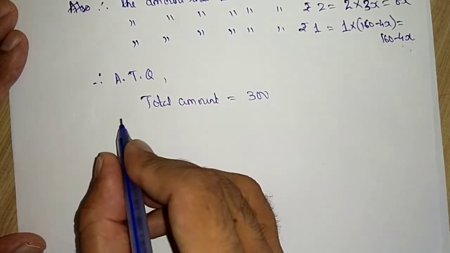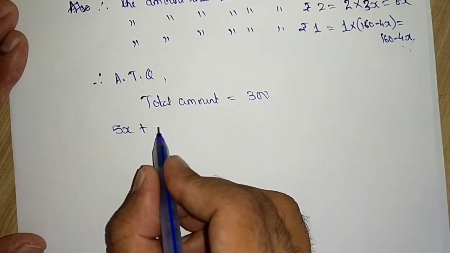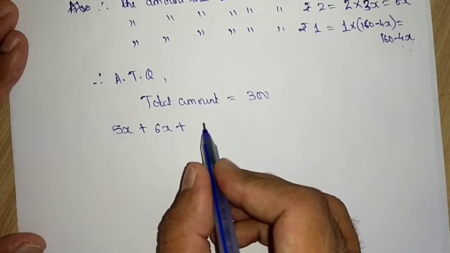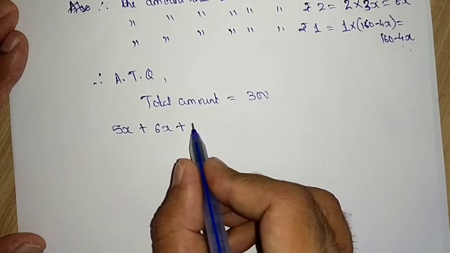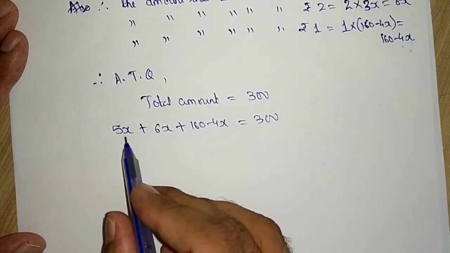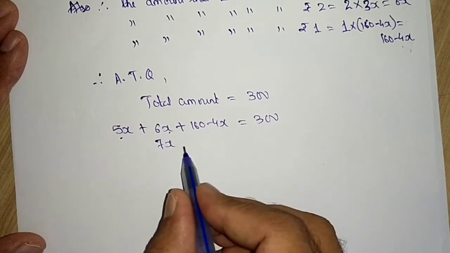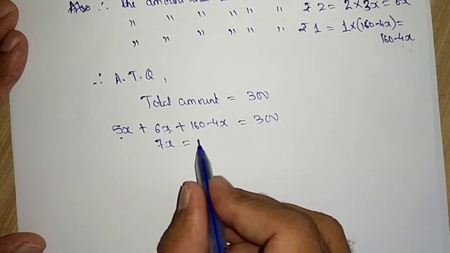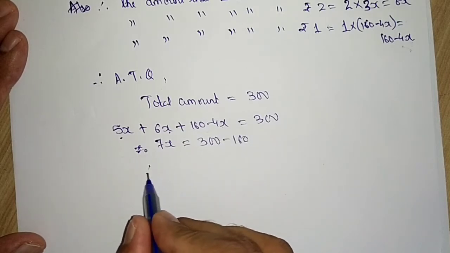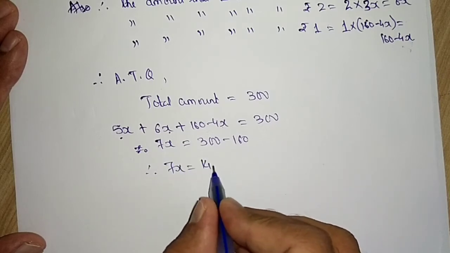We got it from rupees 5 coins, that is 5x, plus the amount of rupees 2 coins, that is 6x, and the amount of rupees 1 coins, that is 160 minus 4x, is equal to 300. 5x plus 6x will give me 11x, minus 4x will give me 7x. This 160, if I take that side, it will be subtracted on that side. Therefore 7x is equal to 300 minus 160, which is 140.